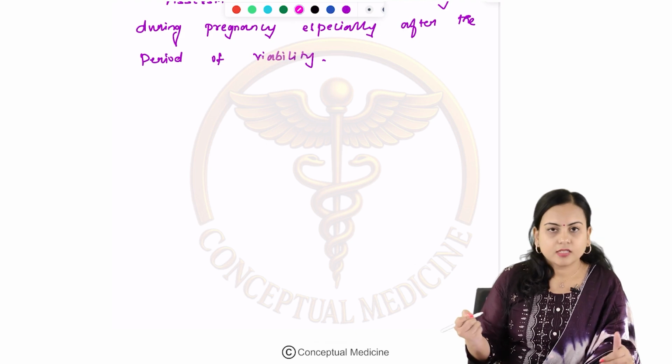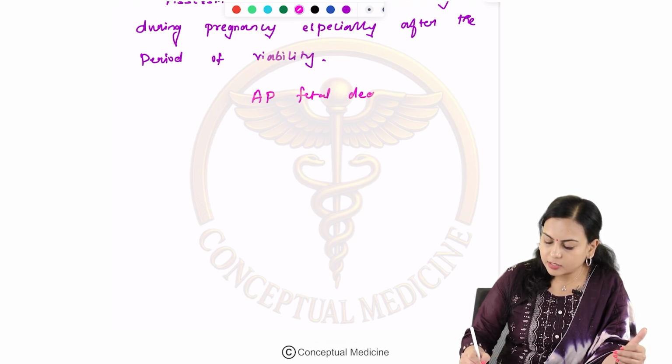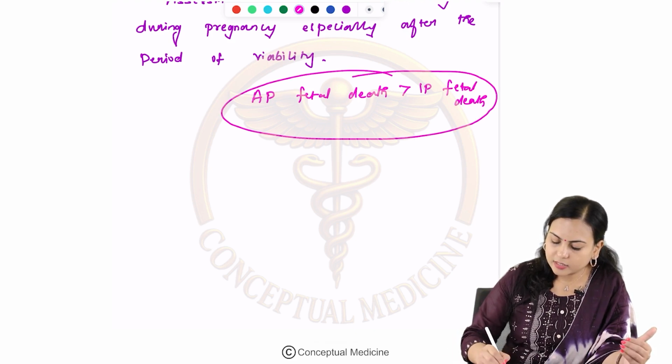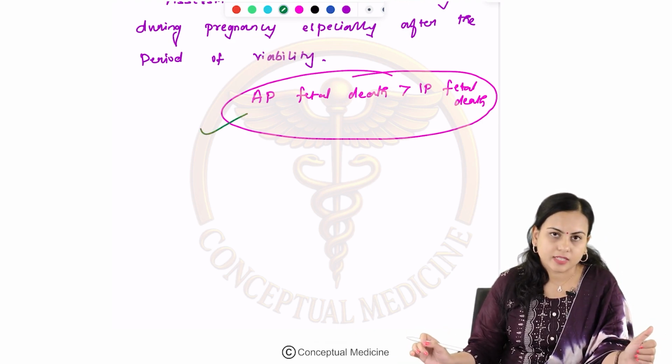Why is this important? Antepartum fetal death is more common than intrapartum fetal death. So, this justifies that there should be some mode of fetal monitoring throughout the pregnancy till the baby is delivered.